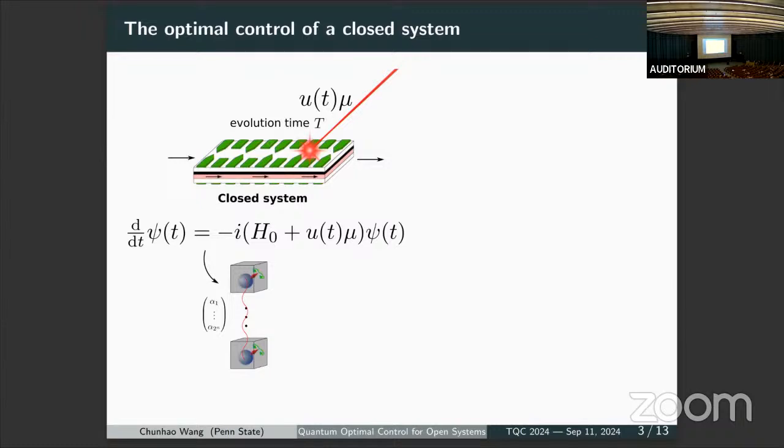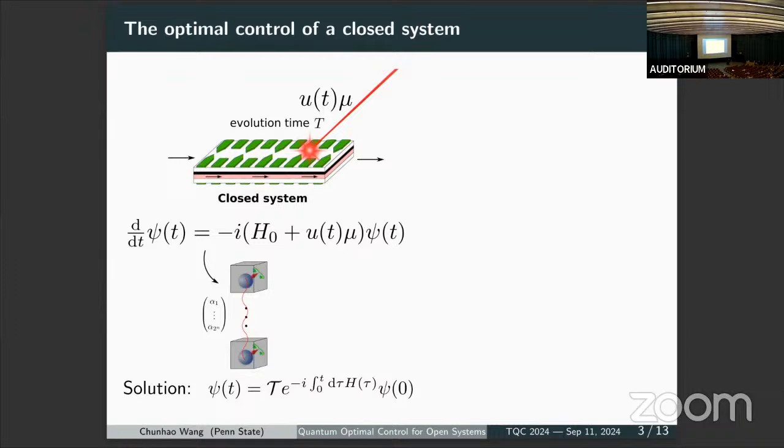This H corresponds to the fixed Hamiltonian. This u of t times mu is the control field. The solution to this time-dependent Hamiltonian evolution is slightly more complicated than just e to the minus iHt. Here this becomes an integral, and you also have this time-ordering operator to control the order of the integral.